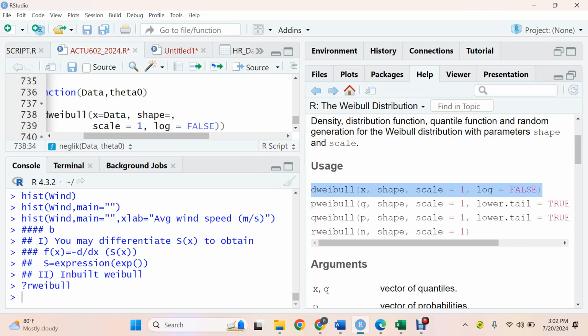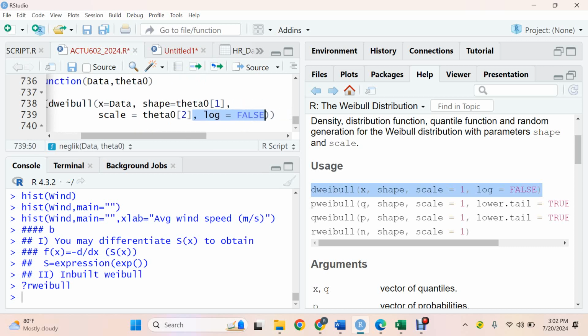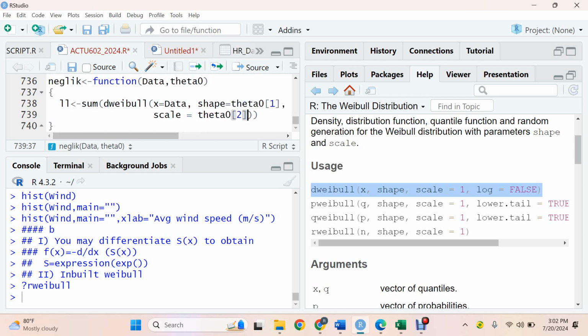So the shape will be theta naught 1. Then what about the scale? It will be theta naught 2. Log is false, we can leave it out. So that's our log likelihood.